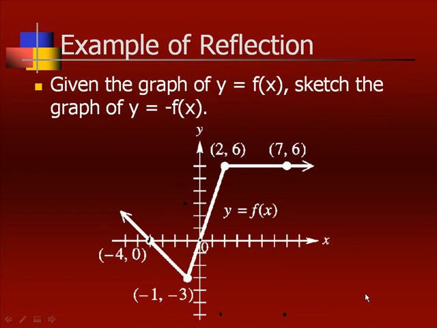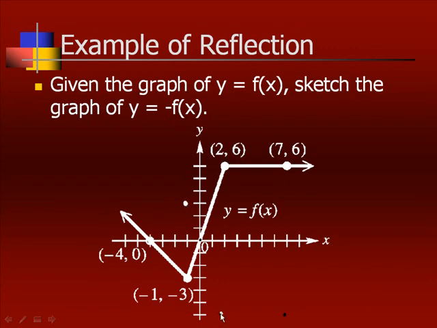Now, given the graph of y equals f of x, what would the graph of y equals negative f of x look like? Well, remember, we're changing the sign on the y values, which means if we change this y value, we still get 4, 0. If we change the y value on -1, -3, we would get -1, 3.